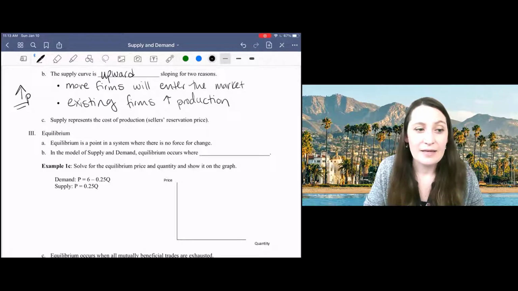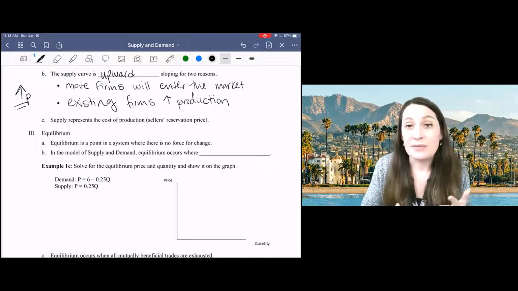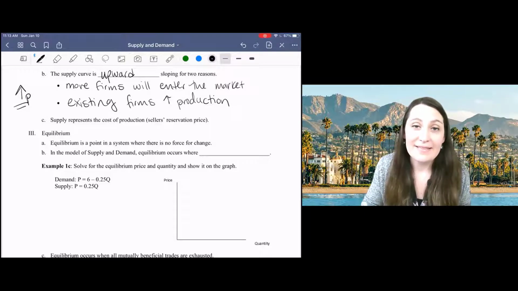Supply represents the lowest cost of production for the product. So when we're looking at demand and supply, we're really weighing the cost to society versus the benefit to society, just like day one cost benefit principle.